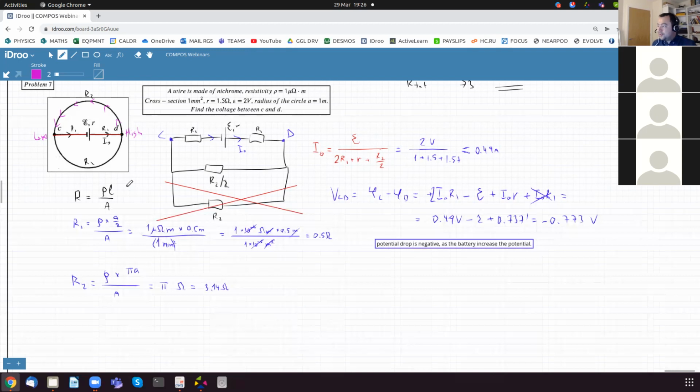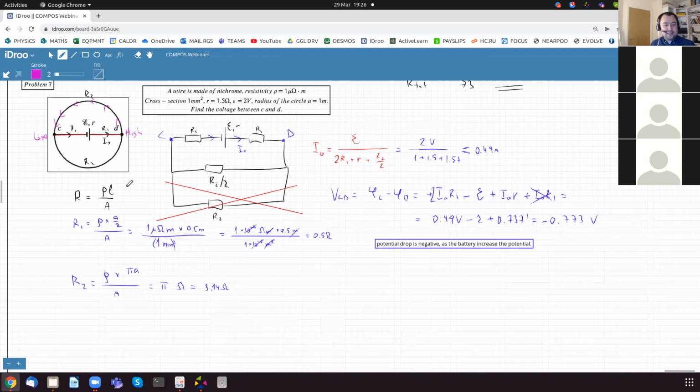Batteries do the opposite thing. Batteries give you energy. It is natural to lose energy. It is not natural to gain energy. Gaining energy is unnatural in the universe because you tend to lose it rather than gain.